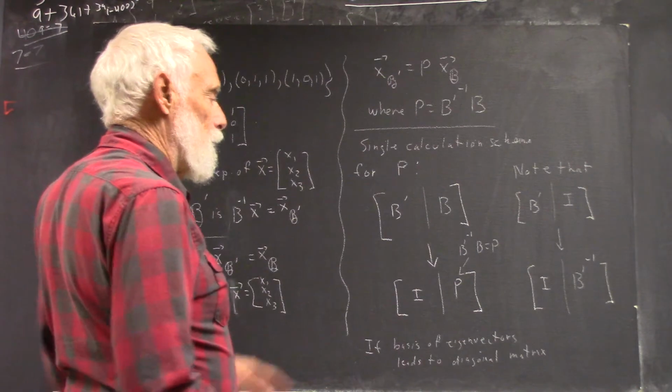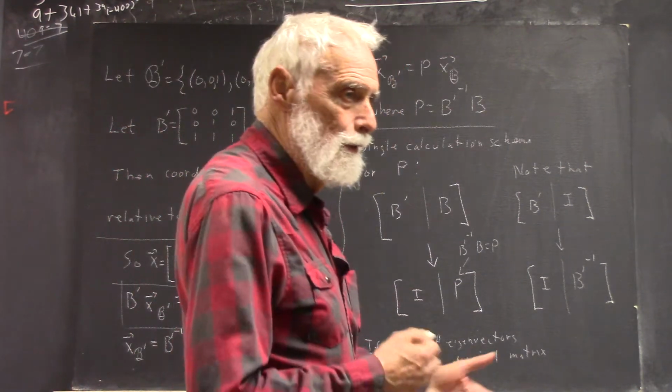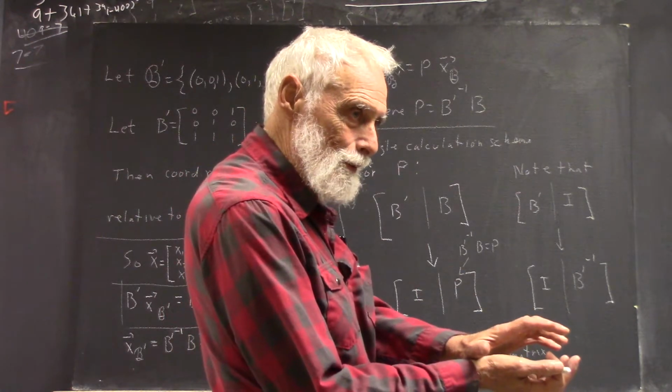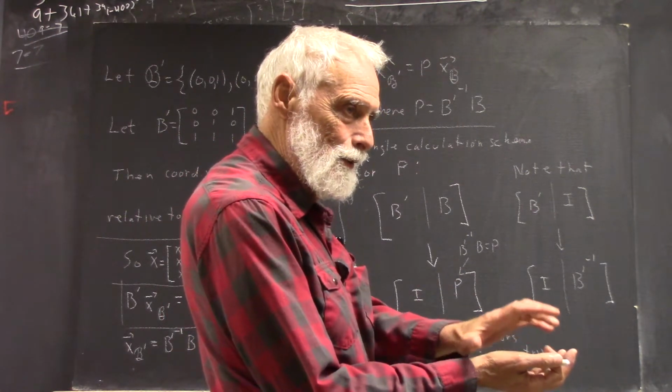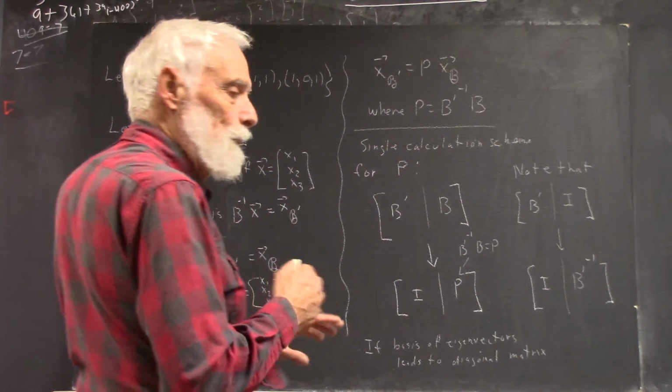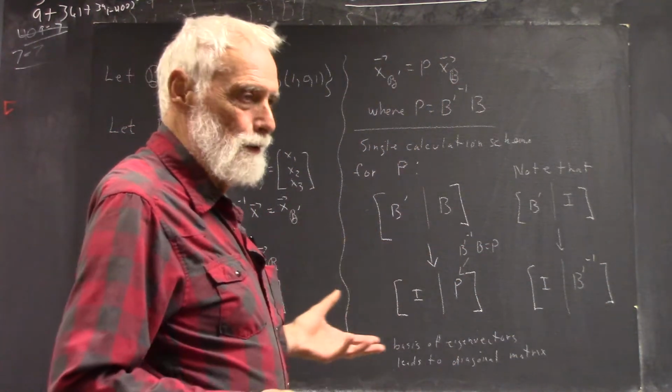You have to do what's called a similarity transformation. You've got a P inverse and a P, and you start with your standard basis representation and do a P inverse A P type thing. We've got to talk about what that means. We've got to develop more machinery in linear transformations.